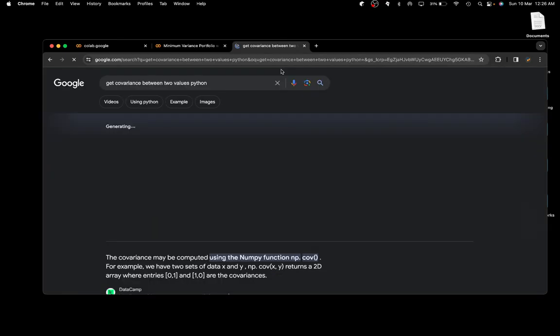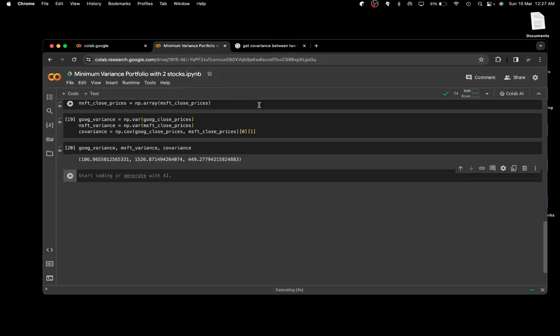I don't want a matrix, I just want the covariance between two values. Okay, so you just get the 0 and the 1. Cool. I just hope that it's correct, because otherwise you're going to get wonky results. All right, this is the covariance. Perfect. Let's run with this.